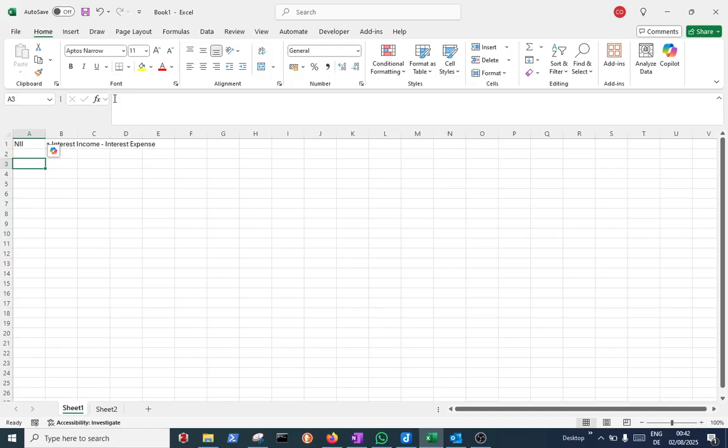So let's start with assets, because we're now calculating interest income. And as far as assets are concerned, the most important positions are loans and all possible investment securities. Let's call it like this.